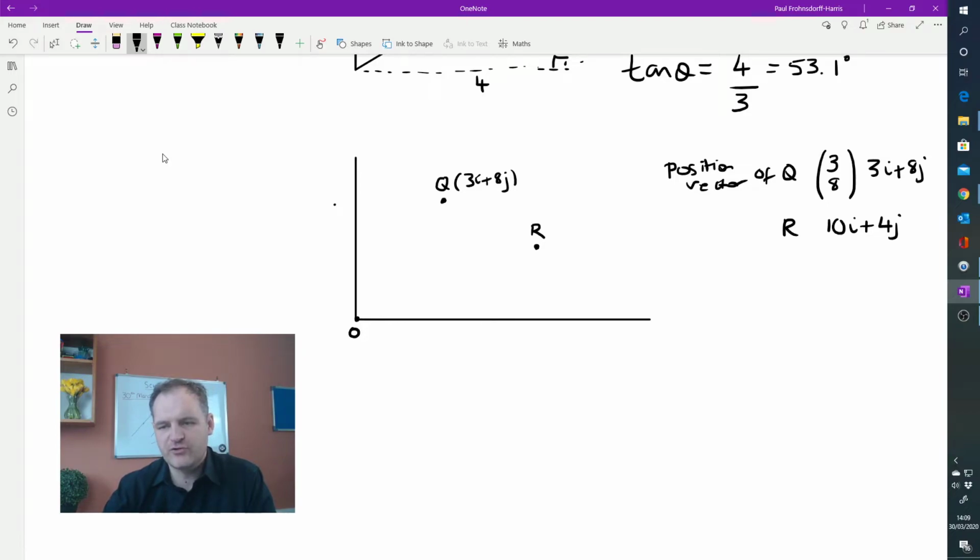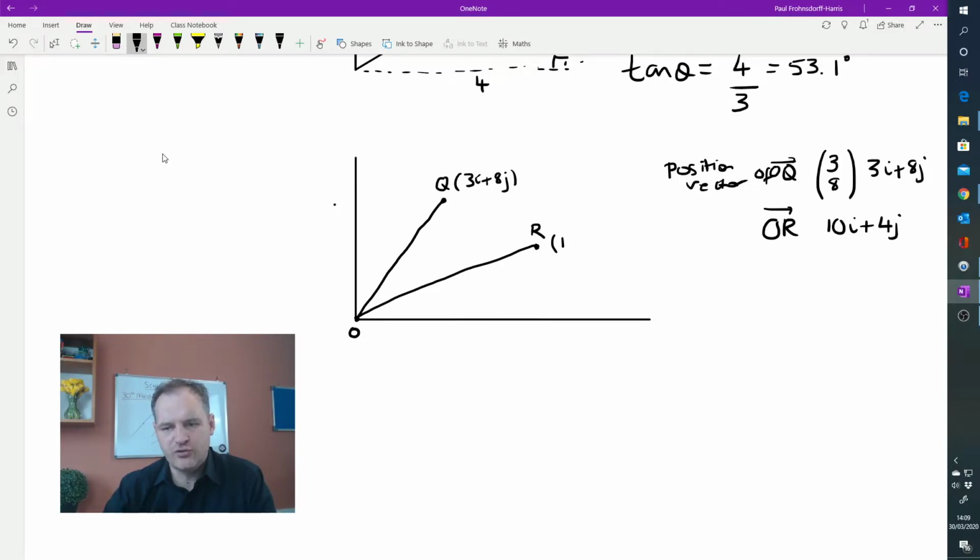What those two things have given us are OR and OQ. That line there is OR, and that is OQ. These are the position vectors of these two points.